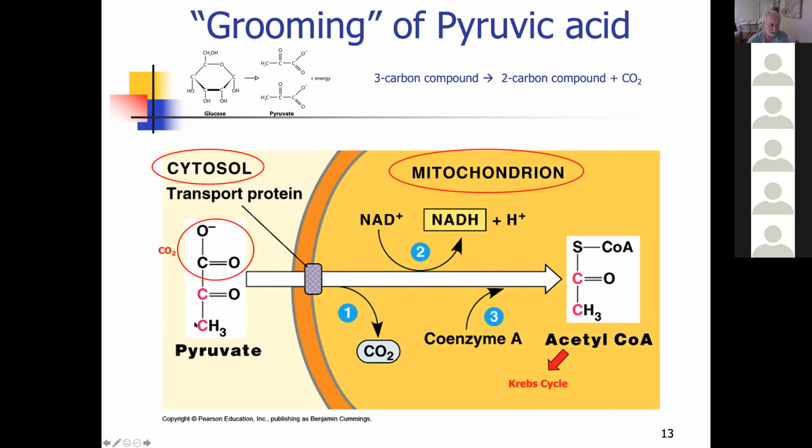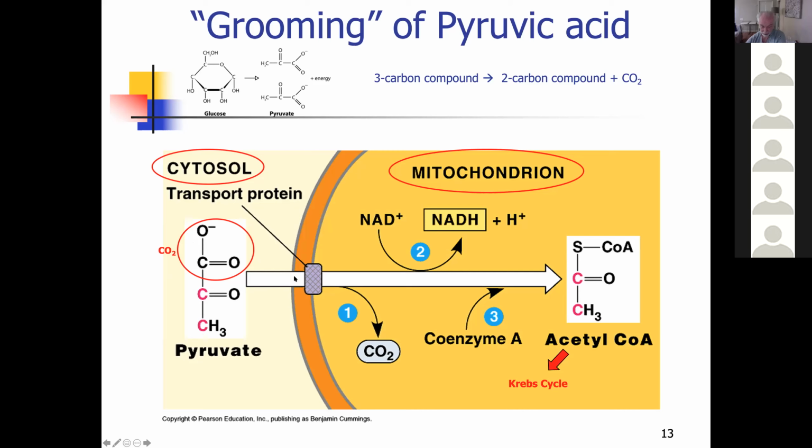It generates pyruvate, which is a 3-carbon compound. This carboxyl on one end becomes carbon dioxide. And then we have these 2 carbons that are in red, which end up over here in acetyl-CoA, a 2-carbon compound with those same 2 red carbons.